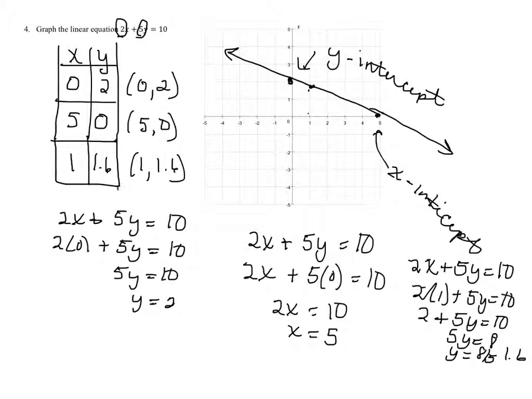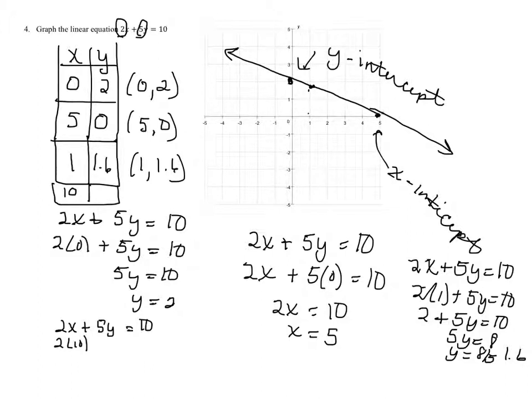So for example, if I chose x to be 10, okay, because 2 times 5 is 10, so it is a multiple of both 2 and 5, and I throw it into the equation, I will get 2x plus 5y equals 10.